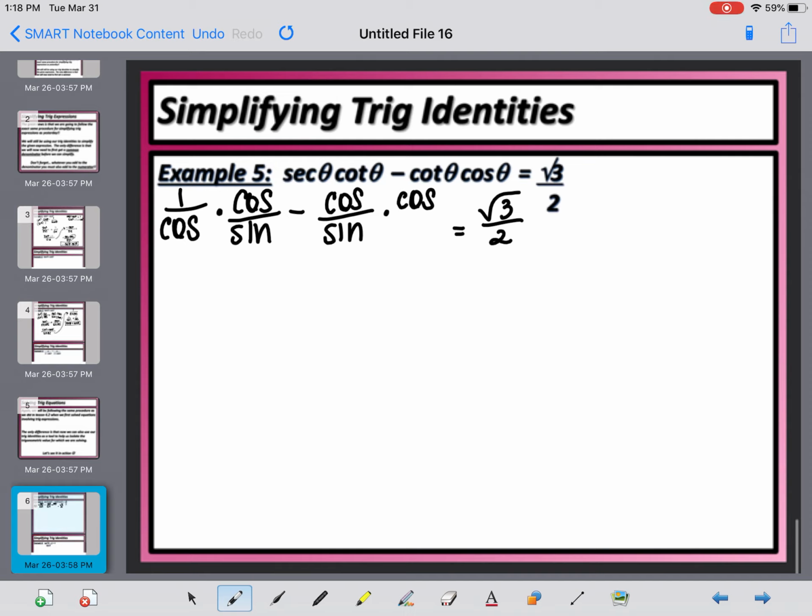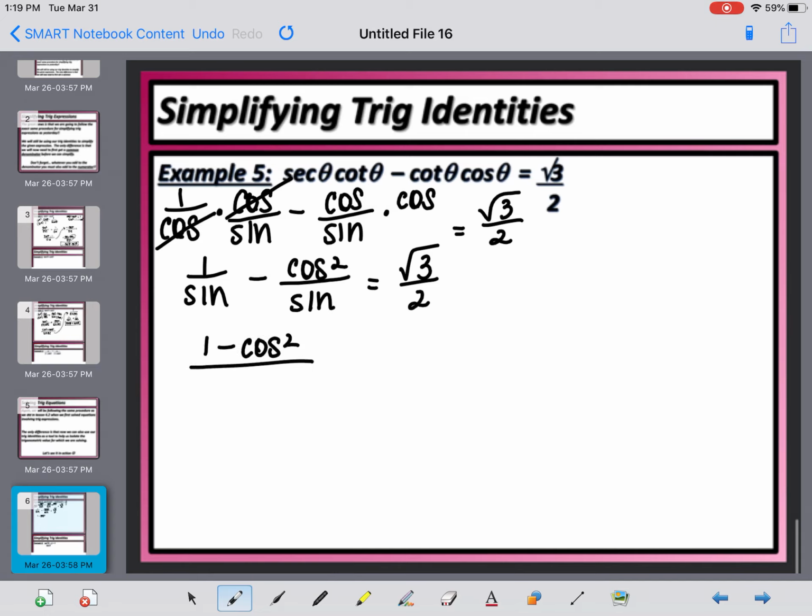Okay, so I'm not doing anything with the root 3 over 2. I'm not trying to solve just yet. I'm trying to use my identities. So I can cancel. I have a 1 over sine. And I can make this cosine squared over sine. So fortunately, these already have a common denominator.